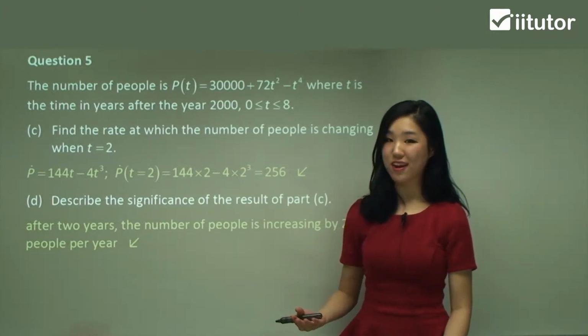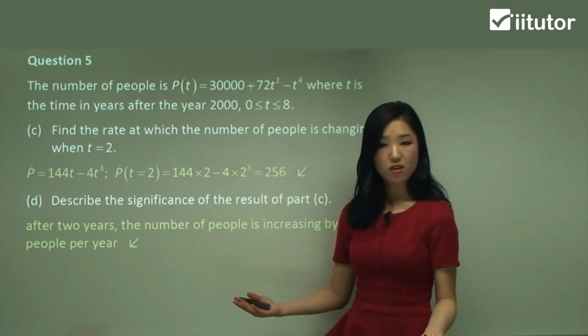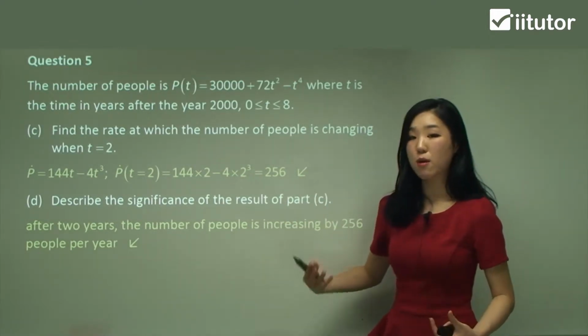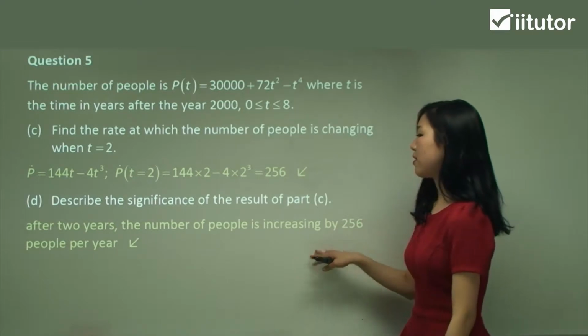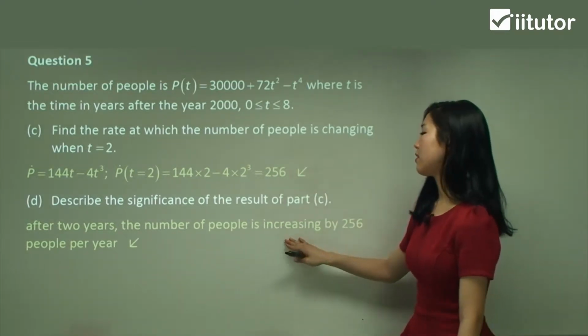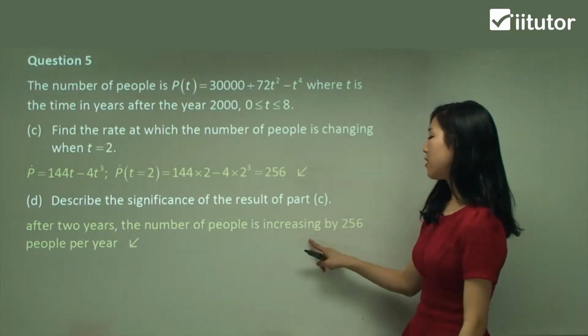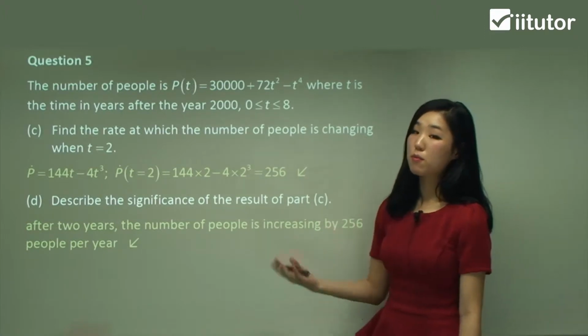That's what the rate of change is, because when we differentiate, it tells us the rate of change. In this case, we're talking in terms of number of people. So the indication of this result, 256, is the rate of change of the number of people. It's increasing by 256 people per year.